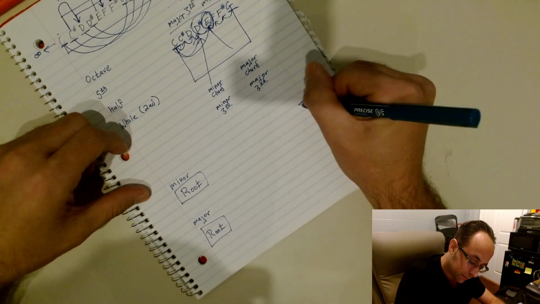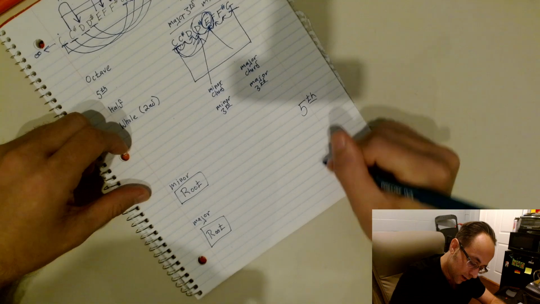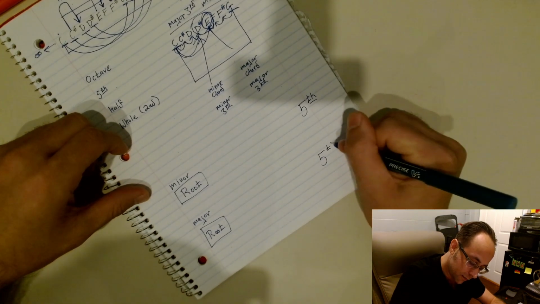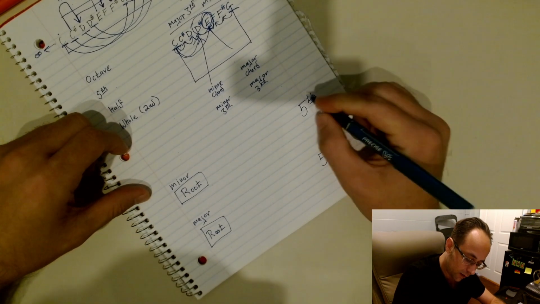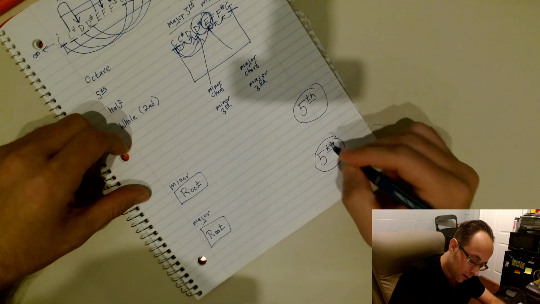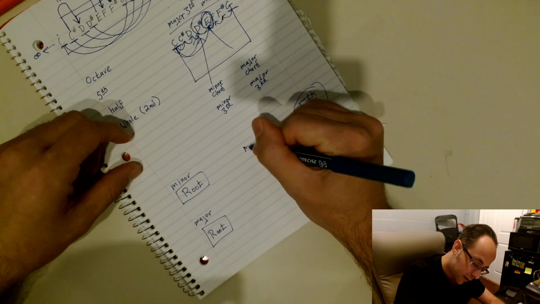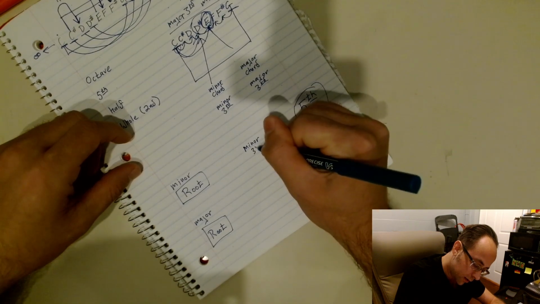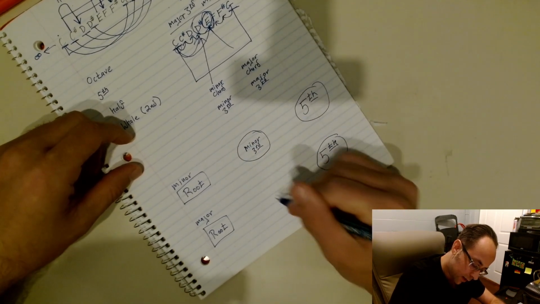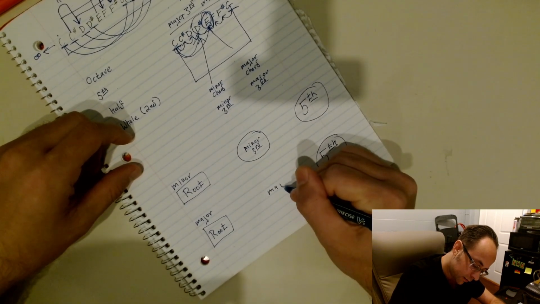The fifth is the most commonly included other note. It's very, very good sounding with the root. We want to fill it. So here we would put, for a minor chord, a minor third. And here we would have a major third.